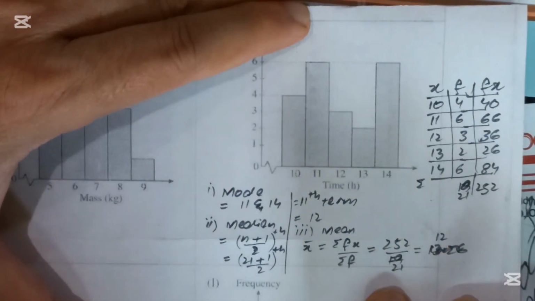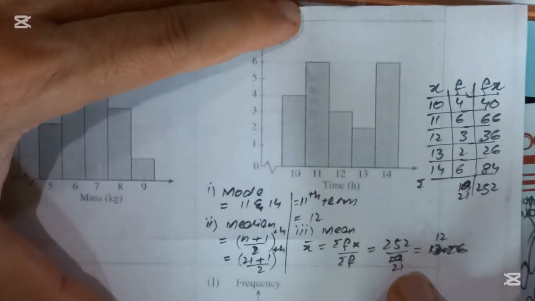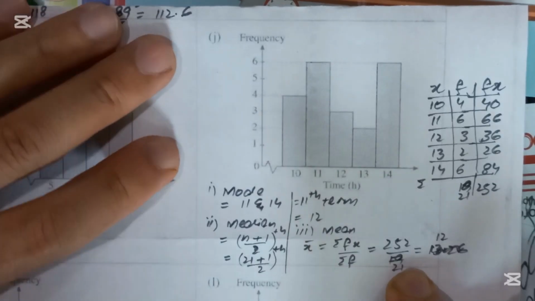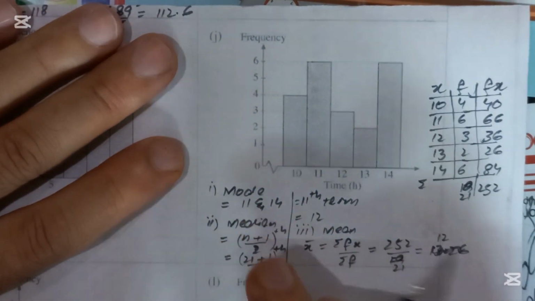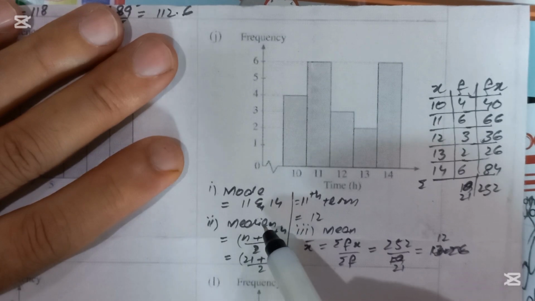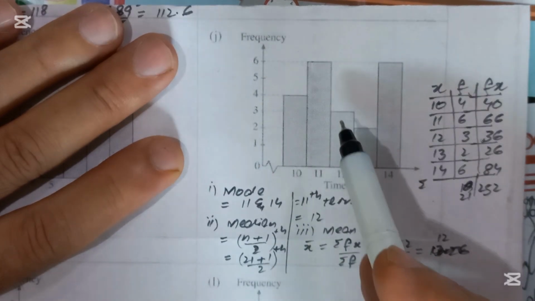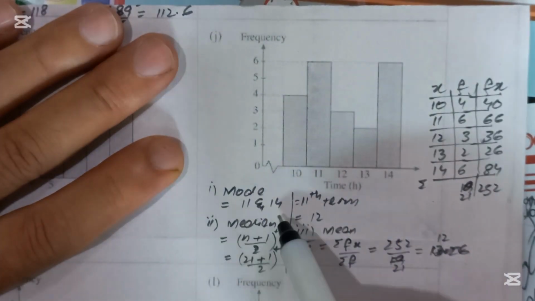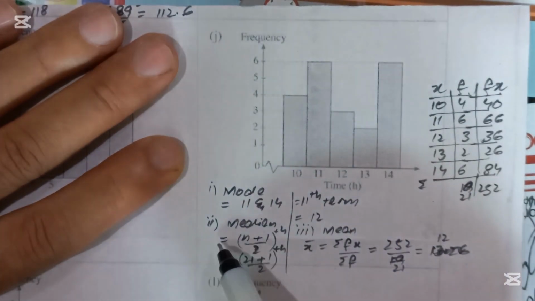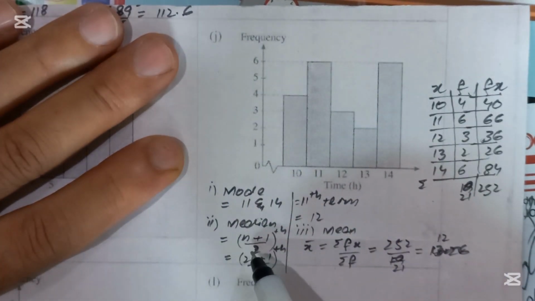So this is the method of finding the mod, median and mean. Because mod and median will always be solved by using the same method. Mod is always the most frequent value. Here 11 and 14 are coming most of the time, so mod is 11 and 14. Median will always be found by using the formula.